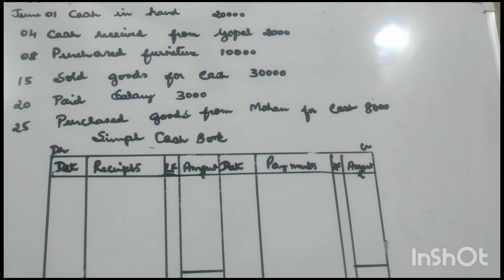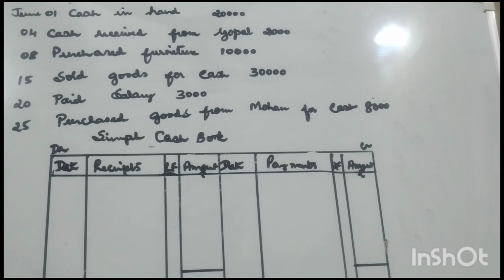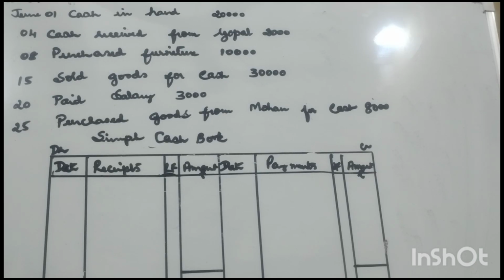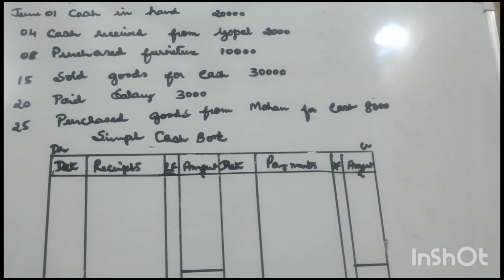In today's class we will understand how the simple cash book has to be prepared. If the firm receives cash, then it has to be recorded under debit side. If there is inflow of cash, then it has to be debited. If there is outflow of cash, in the sense of various payments, the amount expended by the firm, then it has to be credited.